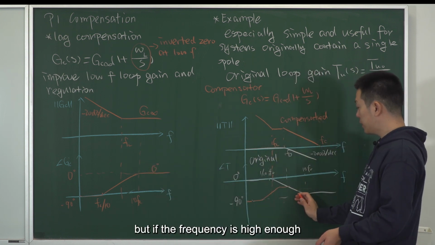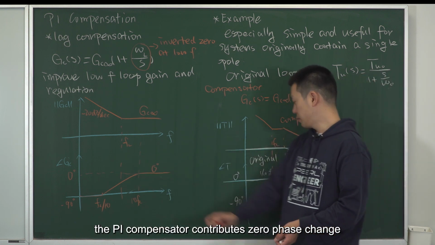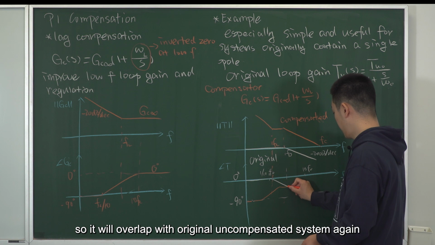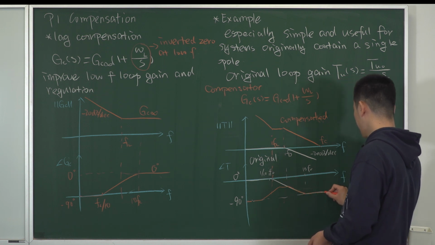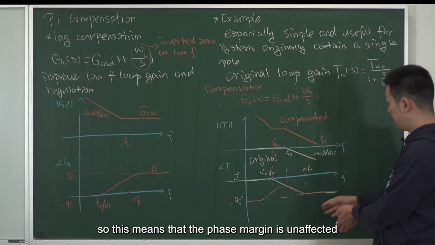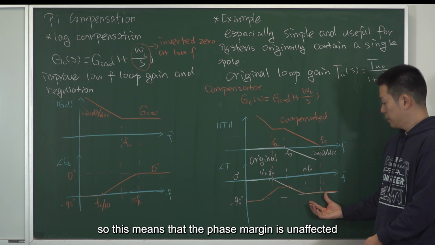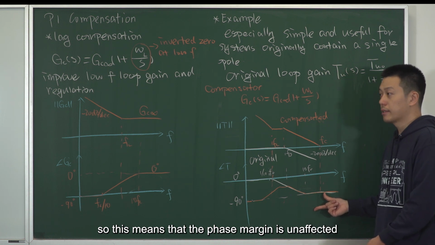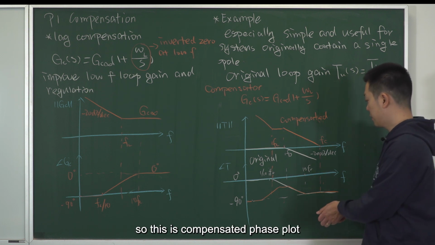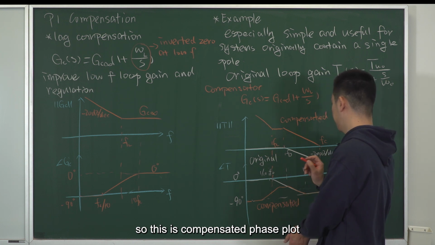But if the frequency is high enough, the PI compensator contributes 0 phase change, so it will overlap with the original uncompensated system again. This means that the phase margin is unaffected. So this is the compensated phase plot.